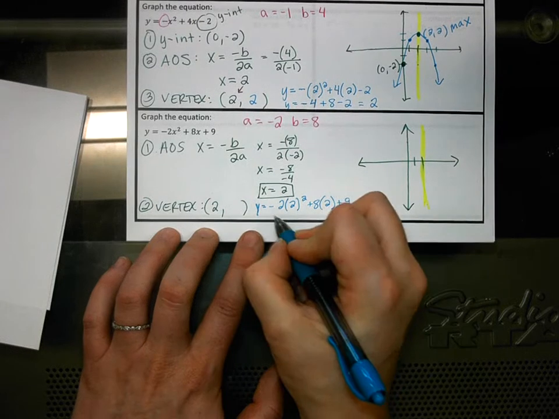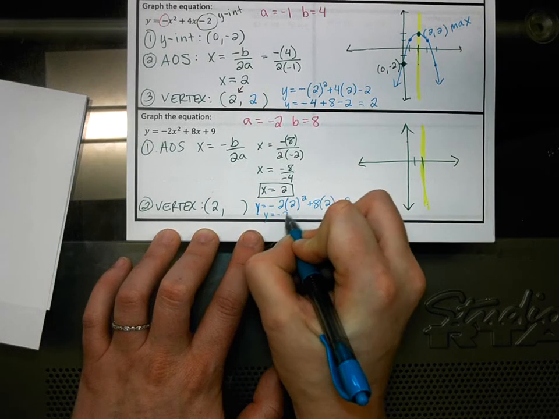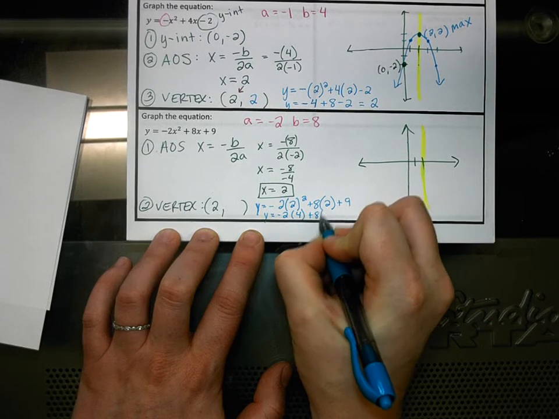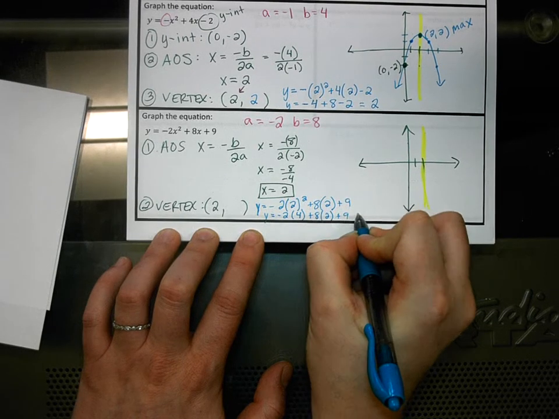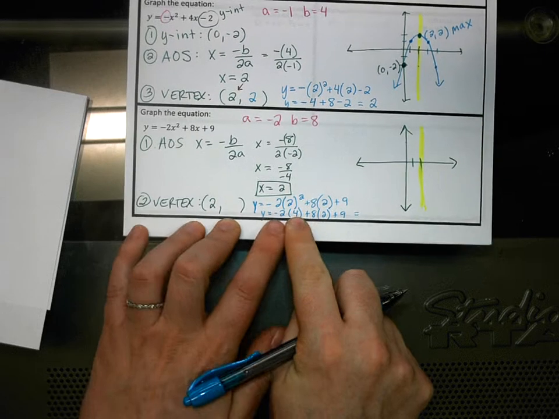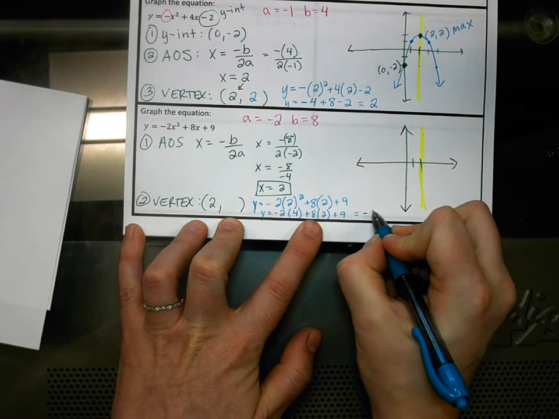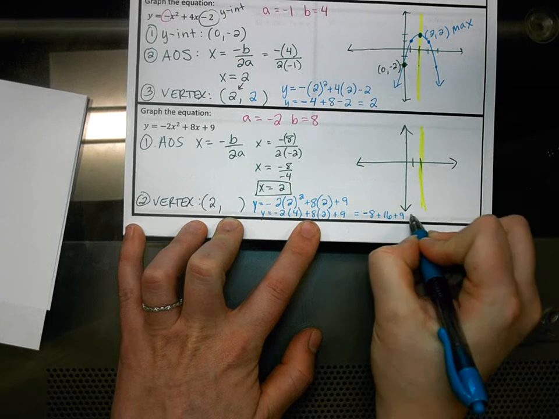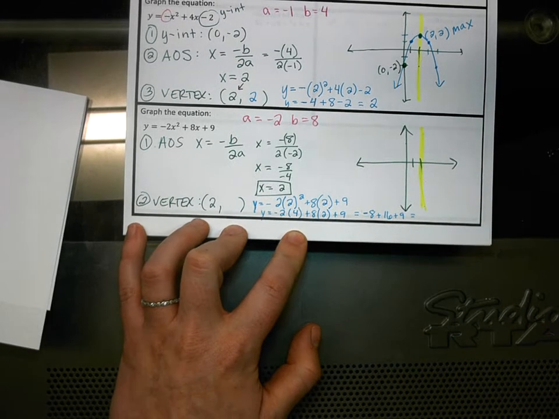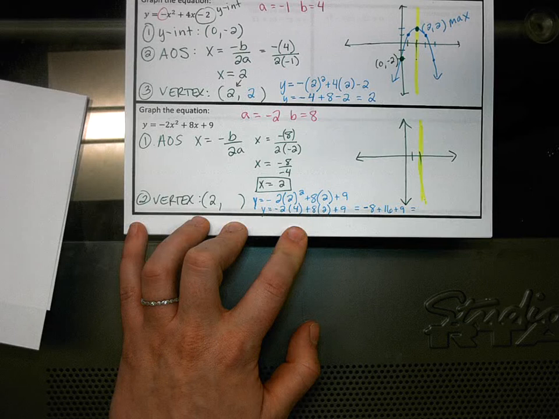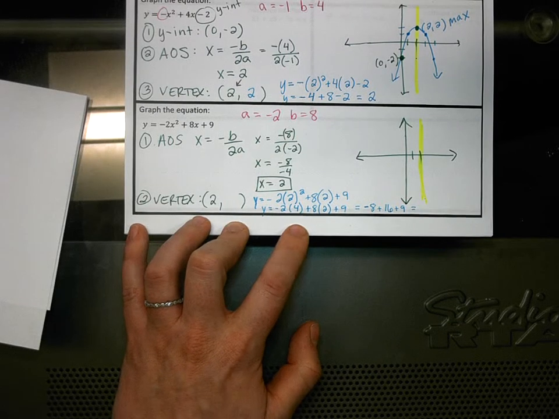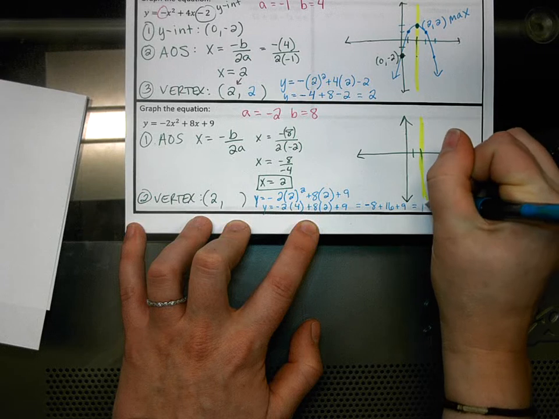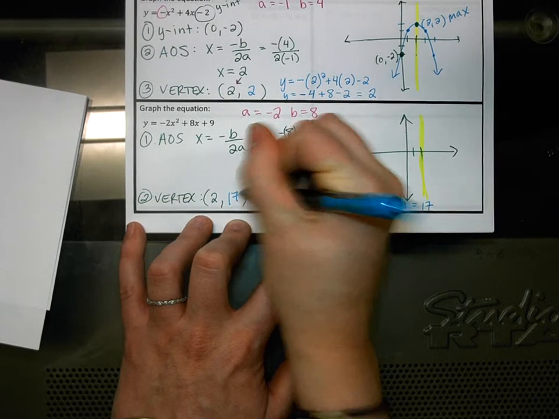Exponents first. What is 2 squared? 4. Then we multiply. What is negative 2 times 4? Negative 8. And 8 times 2? 16. Good. Can anyone tell me what you get when you add all those together? 17. Thank you. Yeah, because you get 8 plus 9, which is 17.